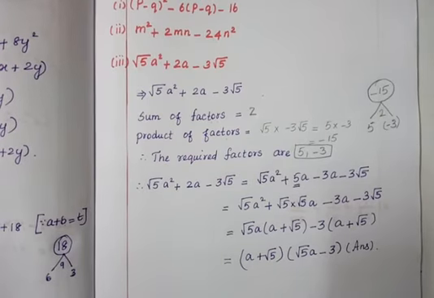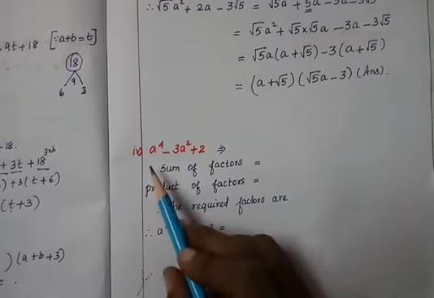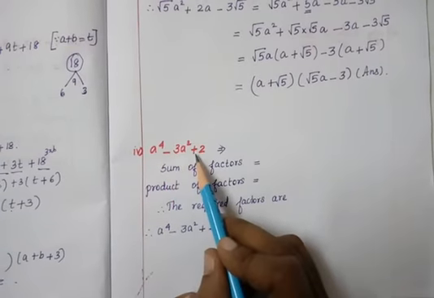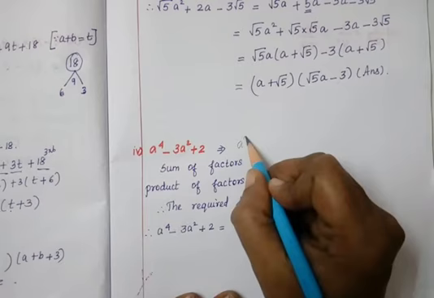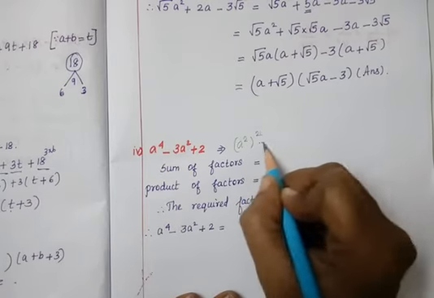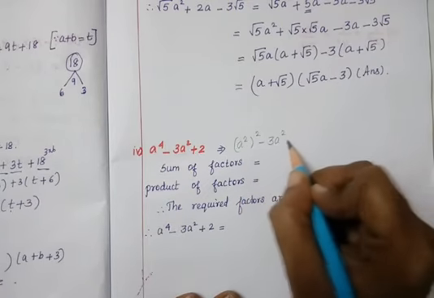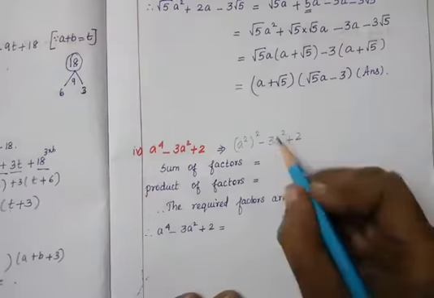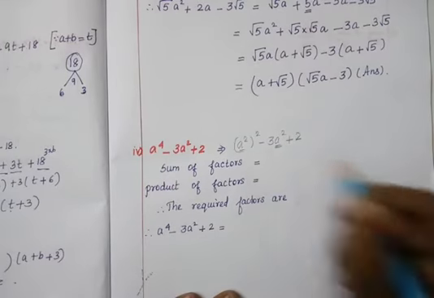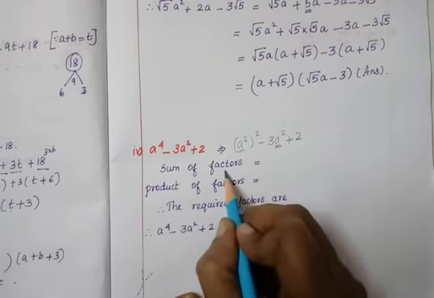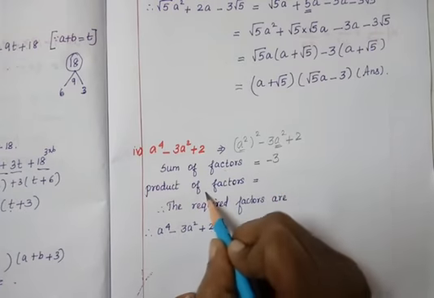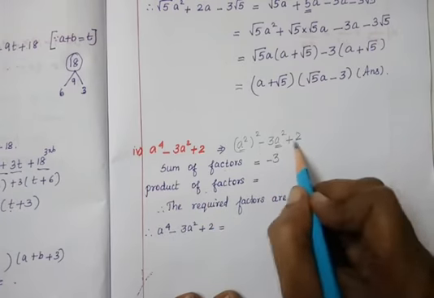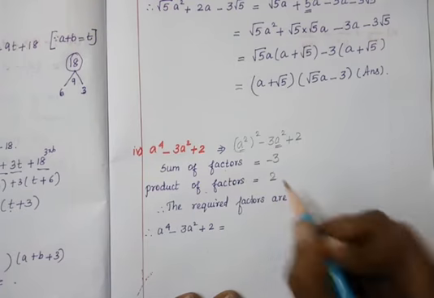Then fourth question, a power 4 minus 3a square plus 2. A power 4 means a square the whole square minus 3a square plus 2. Here the variable is a square. Now sum of factors is minus 3 and product of factors equal to 2 into 1, that is 2.